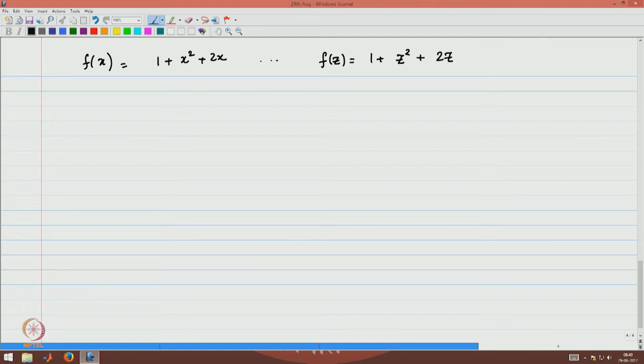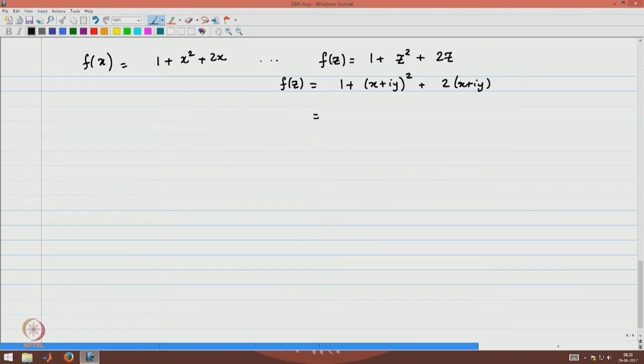Now, z square is defined just like as we saw before. So now let's try to write this. If we write f of z is equal to 1 plus, now z I will write as x plus I y, square to x plus I y.